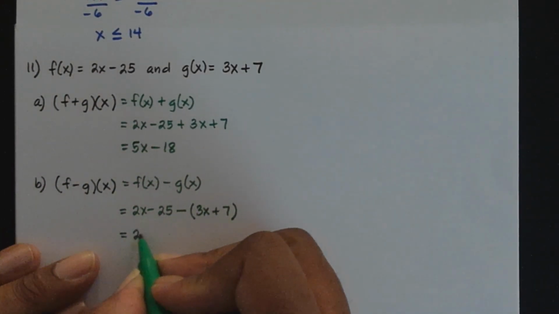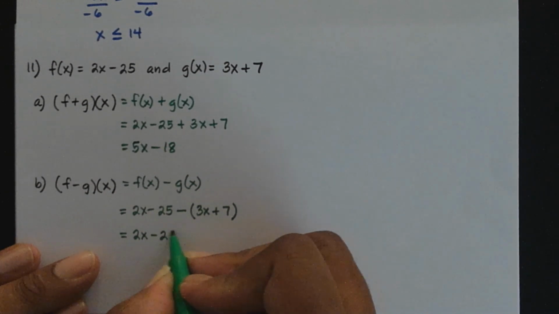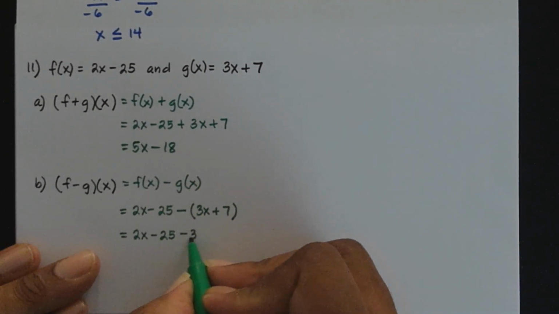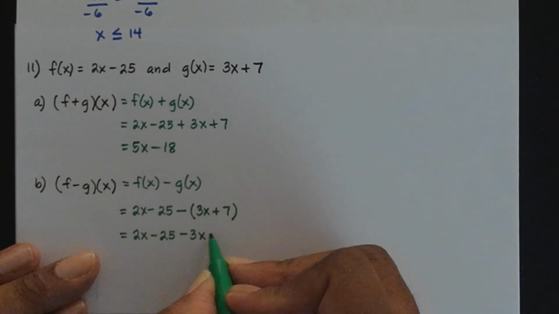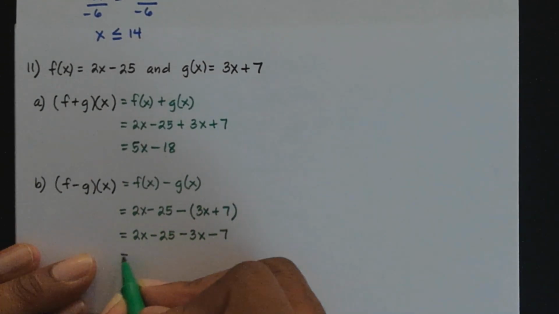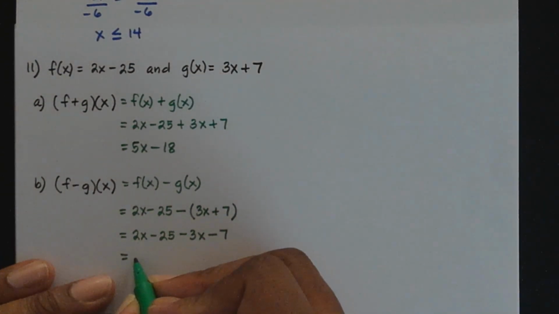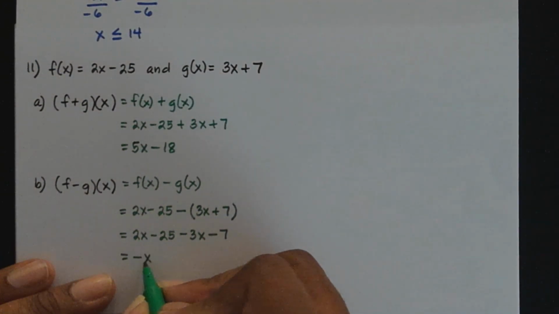Now let's simplify this here. Bring down that 2x minus 25. That minus sign makes a minus 3x. The minus sign makes a minus 7. And from here we combine like terms. 2x minus 3x will be, let's see, negative 1x or just negative x.